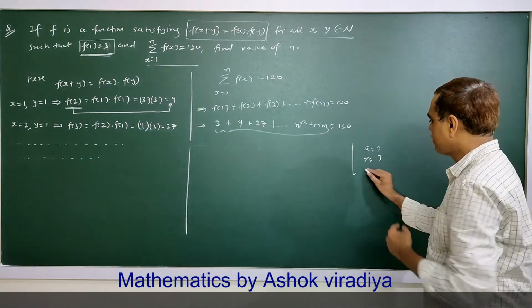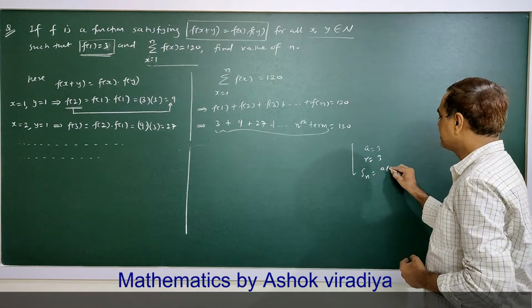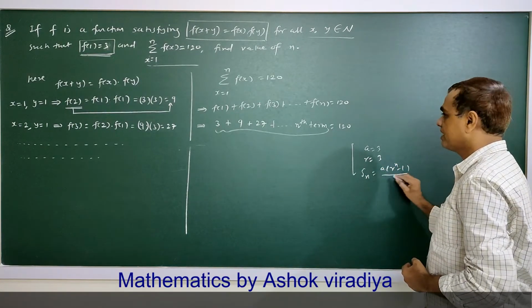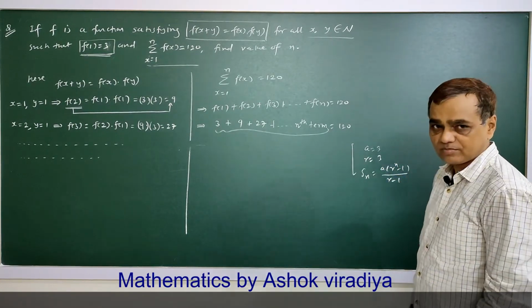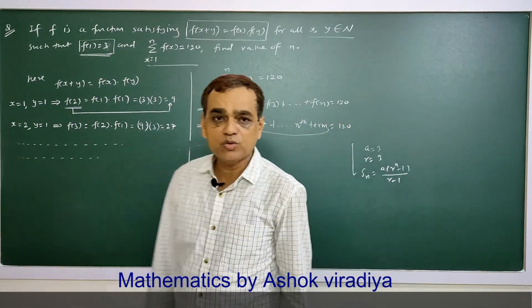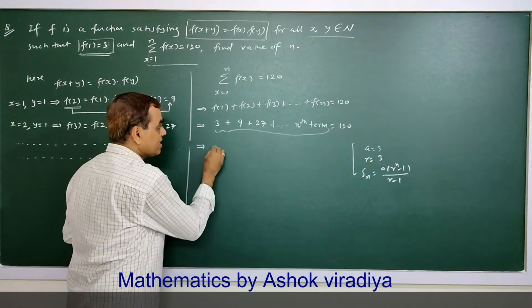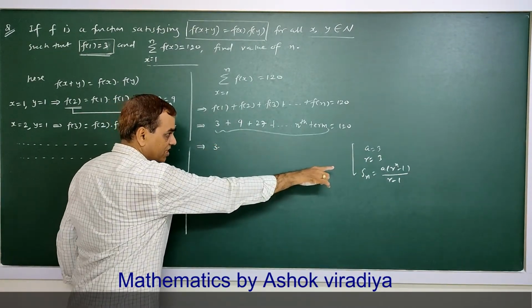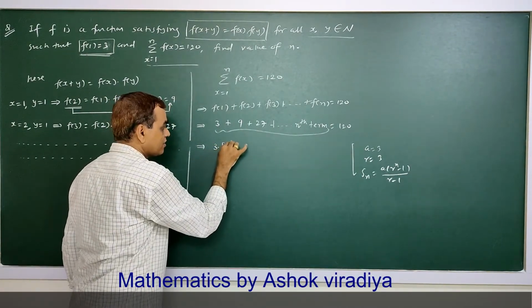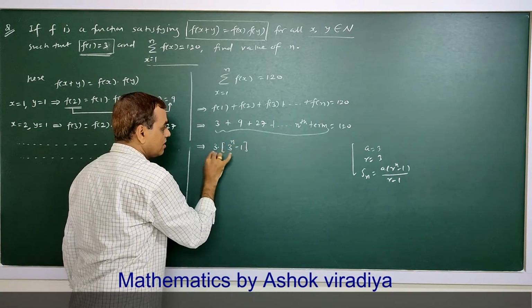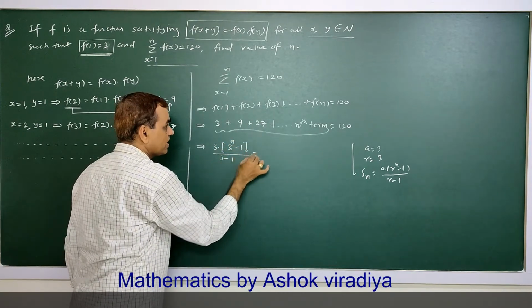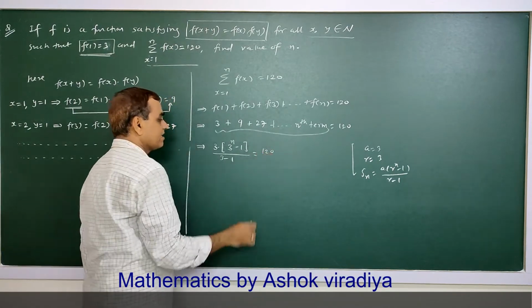So we are putting these values in this formula. Sn is a into r raised to n minus 1 upon r minus 1. So using the formula, sum of n terms of this GP, that is a is 3 into r is also 3 upon 3 minus 1 equal to 120.